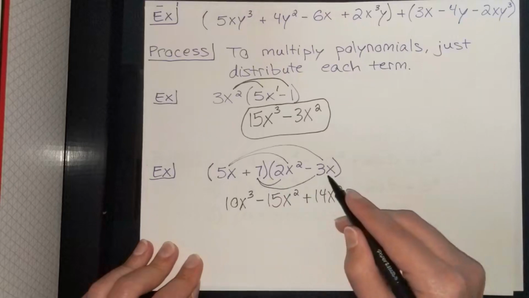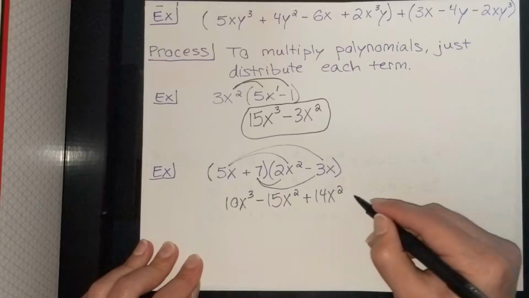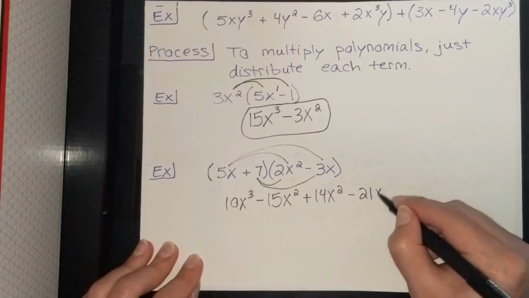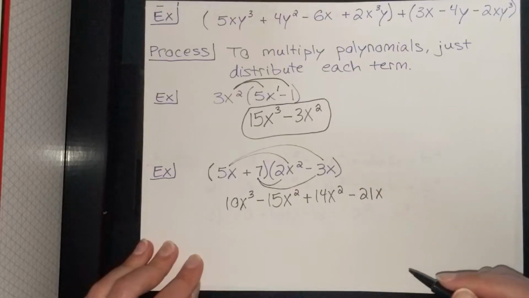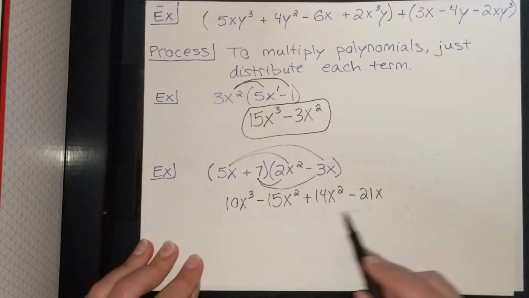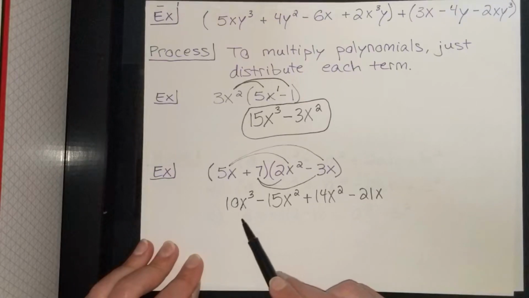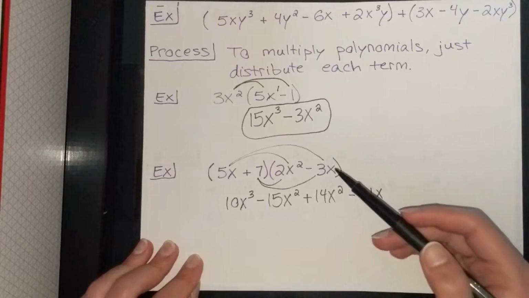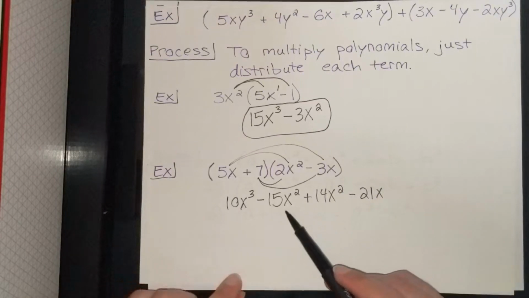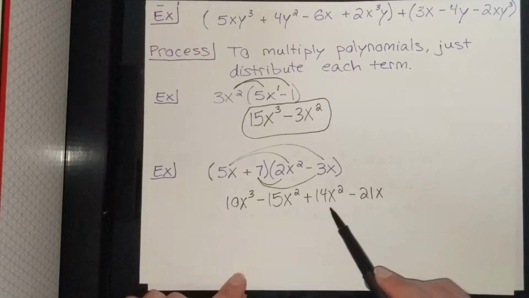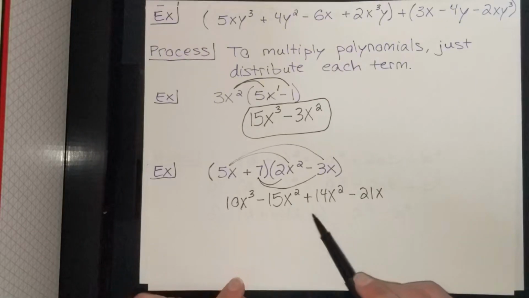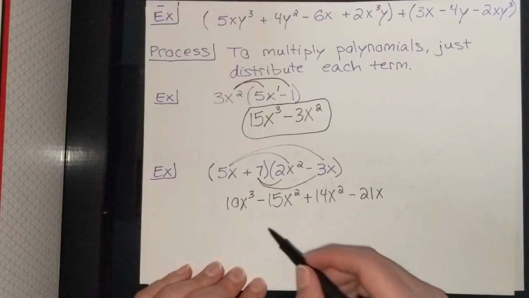And finally 7 times negative 3x gives us minus 21x. And before we call this problem finished, we're going to check if there's any like terms that will add or subtract. In this case, there are. Negative 15x squared and 14x squared are like terms. We can add them together.